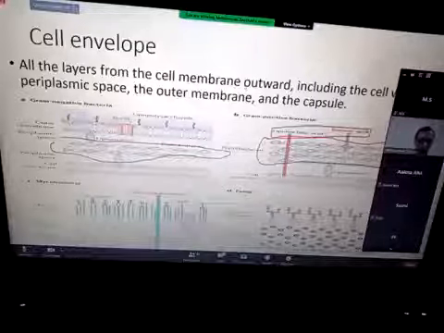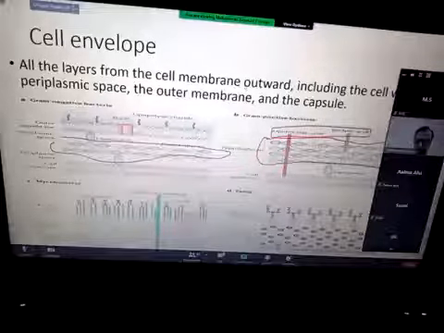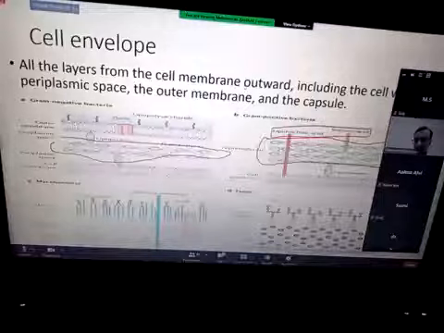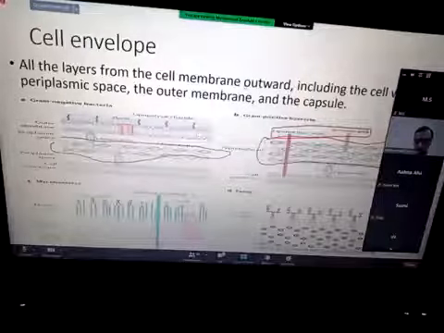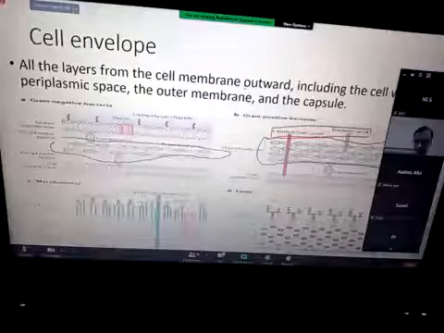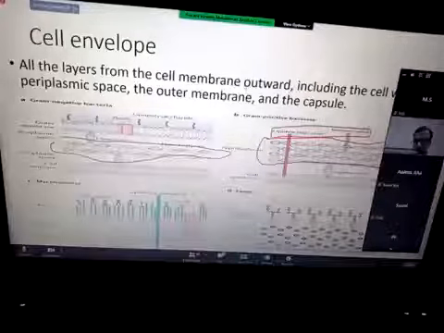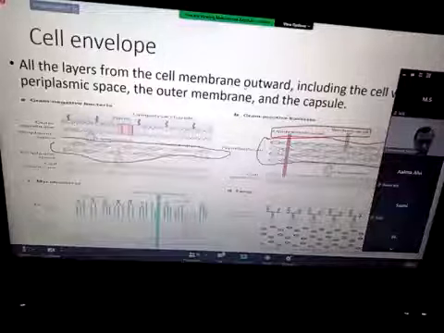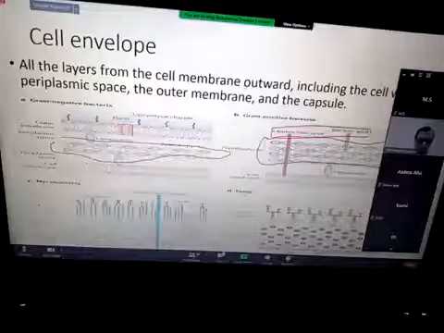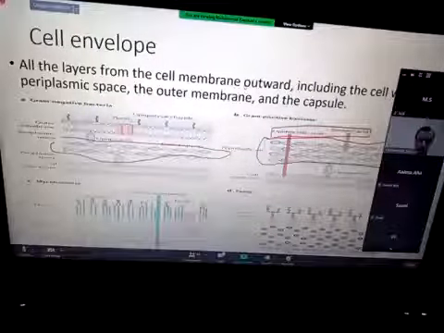Here the mycolic acid is very prominent, and here the glucan and mannan are very prominent. I think Dr. Javeri has covered that glucan and mannan are used in diagnosis of fungi, and mycolic acid is used for identification of mycobacterium.